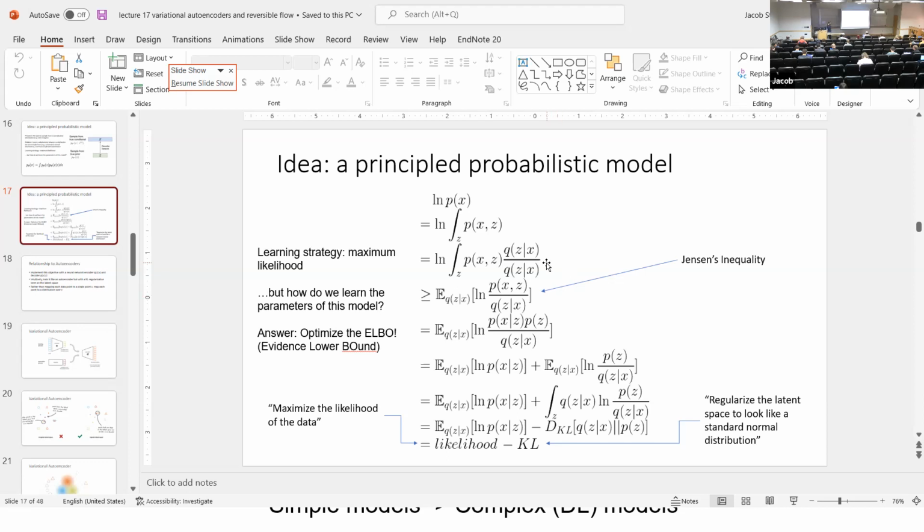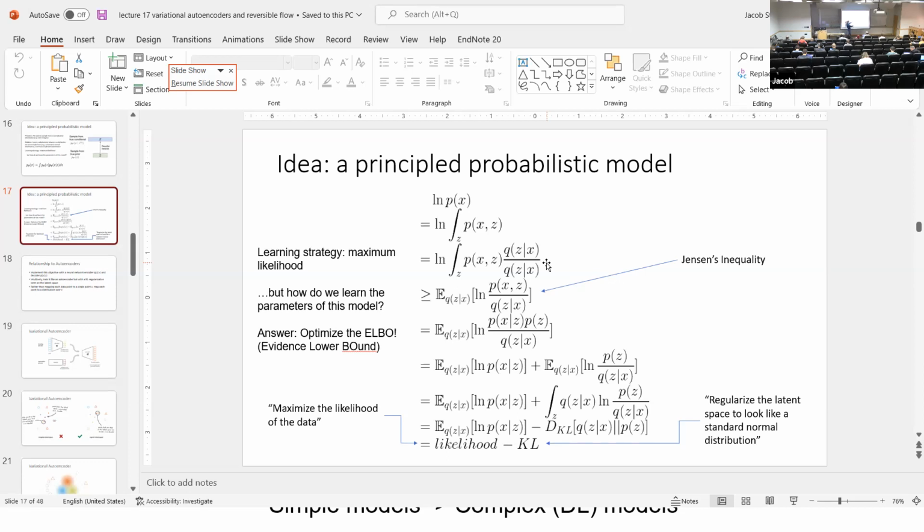Because the log function is a concave function, we can use an inequality called Jensen's inequality, which says that the expectation of a concave function of a variable x is going to be lower than the function of the expectation.